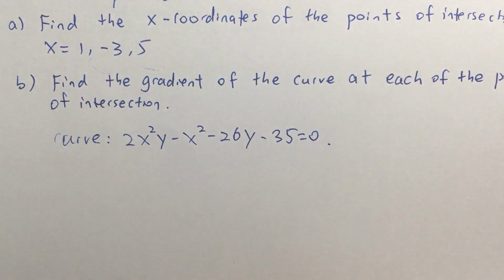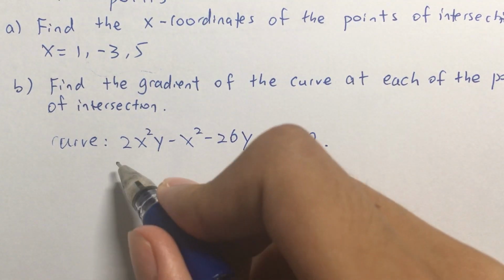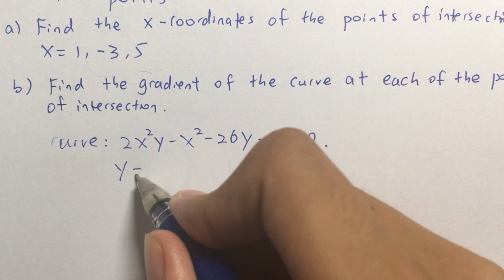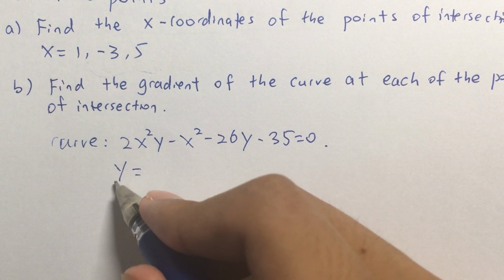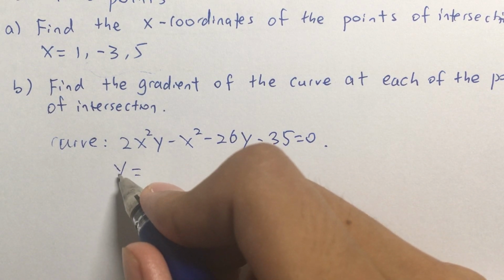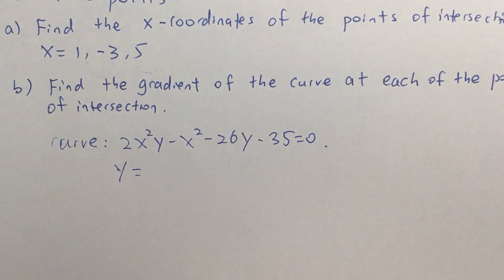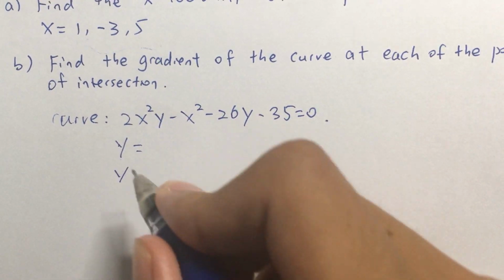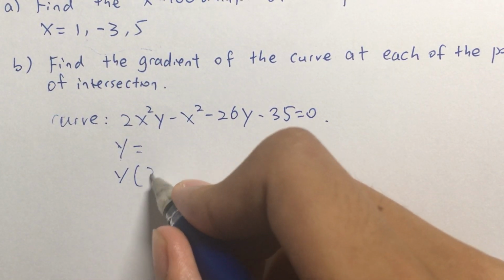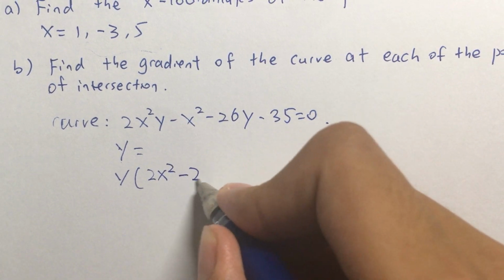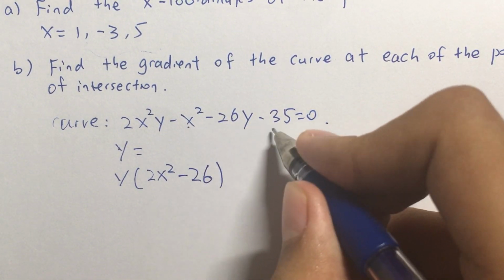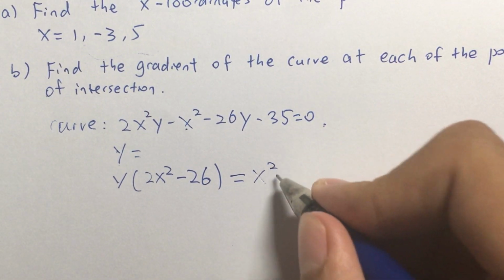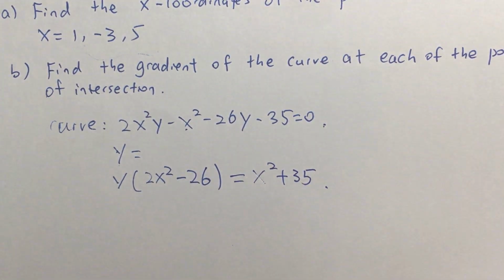So what do we need to do? Firstly, we need to write something in terms of x. So we need to change the subject to y, and we learned this in IGCSE. We will do y times 2x squared minus 26, and move x squared and 35 to the other side, which equals x squared plus 35.